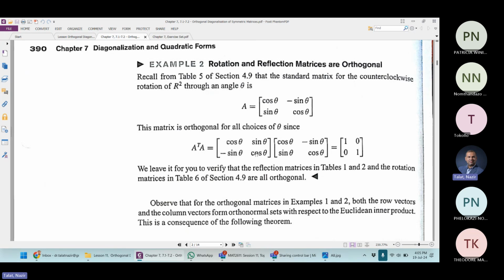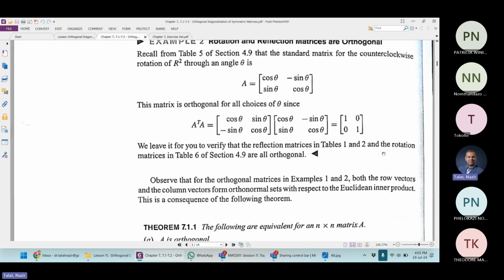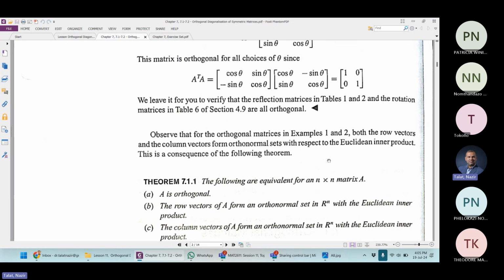Moreover, minus sine times minus sine is plus sine square, plus cos square, so sine square plus cos square again becomes 1. So whatever the value of theta, this matrix A is always orthogonal. Again you can notice that rows multiplied by columns give you 1, 0, and 0, 1 in this case.